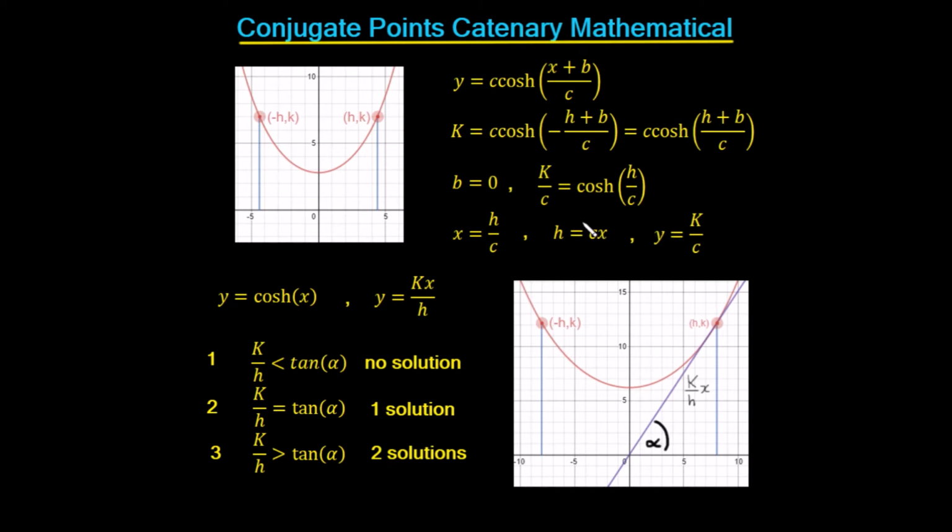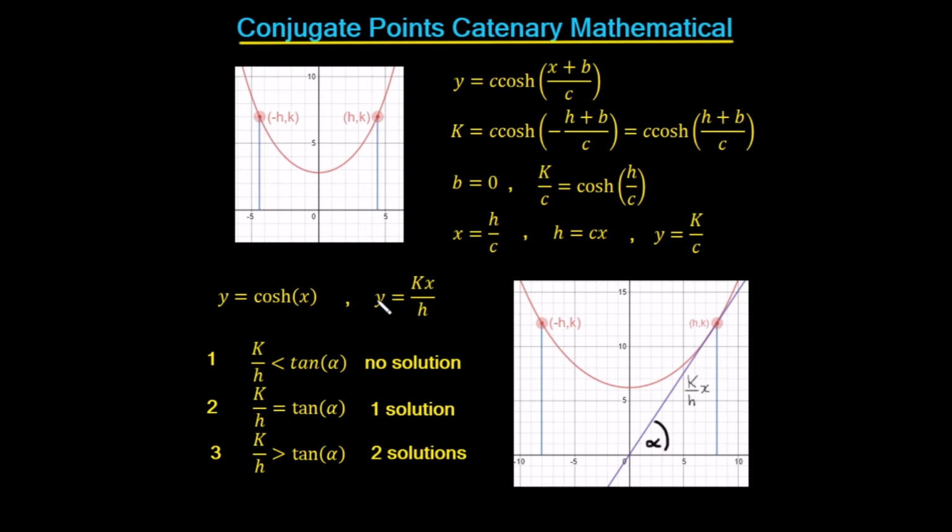Now we already know that y is equal to k upon c. So by substitution, if y is equal to k upon c, and also c is equal to h upon x, it means that y is going to be k upon h all times x. So just check that out, it's just a little bit of simple algebraic manipulation.